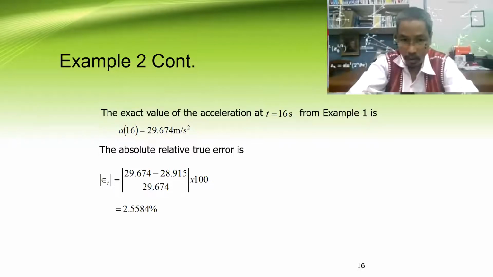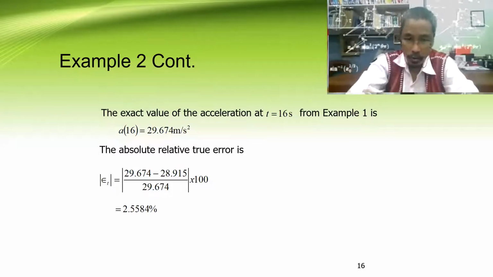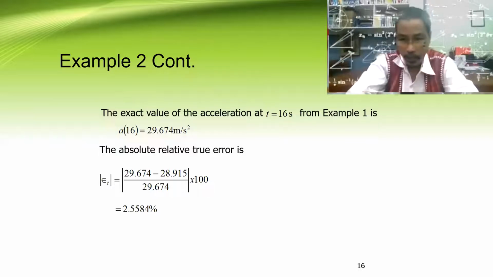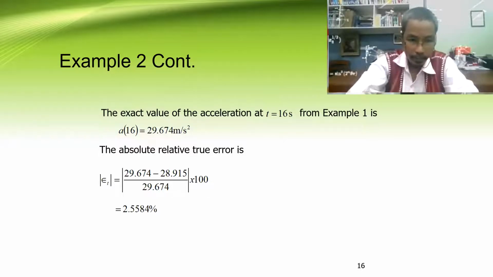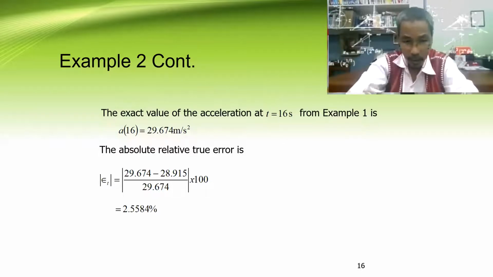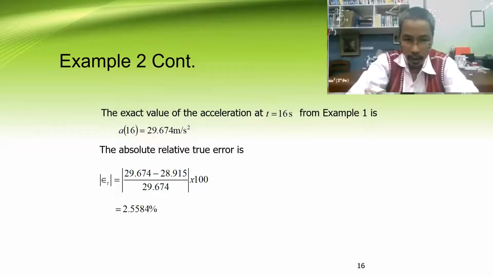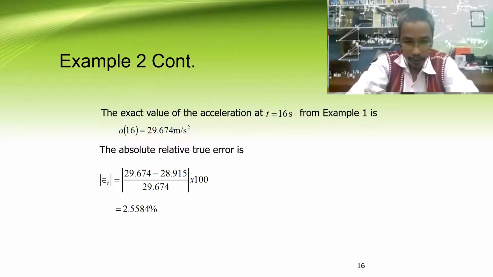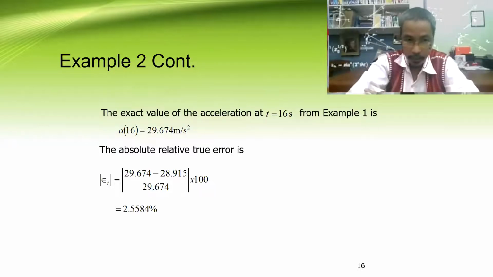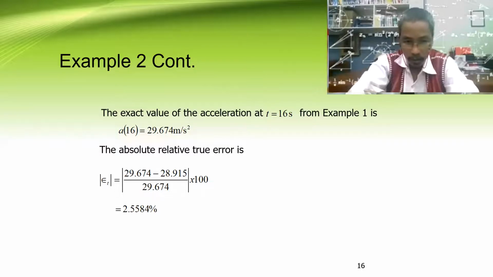Because we know the true value and the approximate value, we can calculate the absolute relative true error by using the absolute sign. 29.674 is the true value, and our approximation is 28.915.